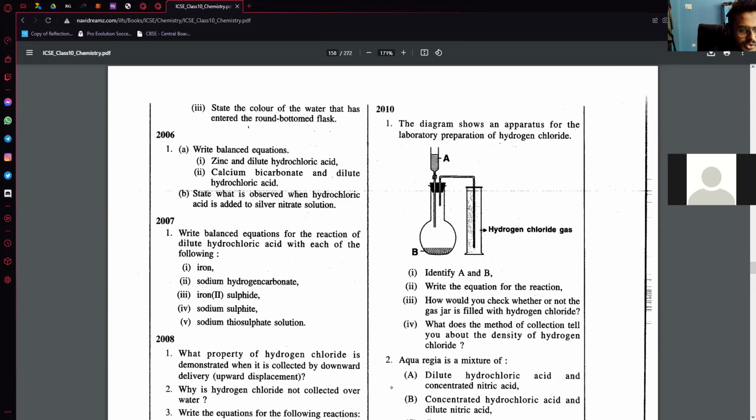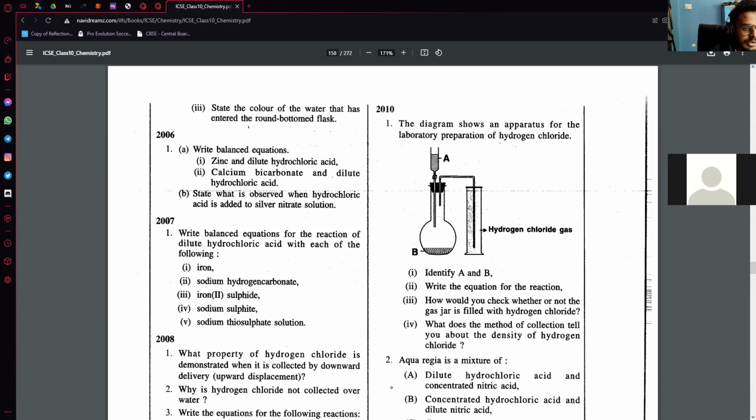So these are very simple questions. Write the balanced equation for zinc and dilute hydrochloric acid. Metal with hydrochloric acid gives you salt and hydrogen gas. Very simple. Calcium bicarbonate and dilute hydrochloric acid, even simpler: carbon dioxide and water come out with a salt. State what is observed when hydrochloric acid is added to silver nitrate solution. You get a white precipitate of AgCl.